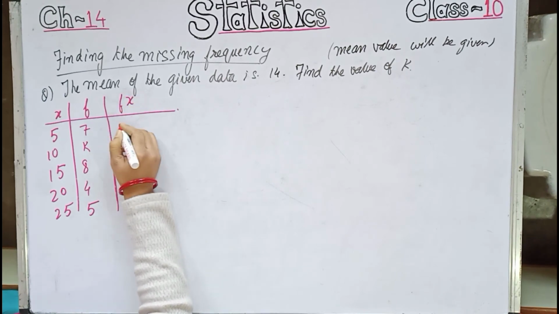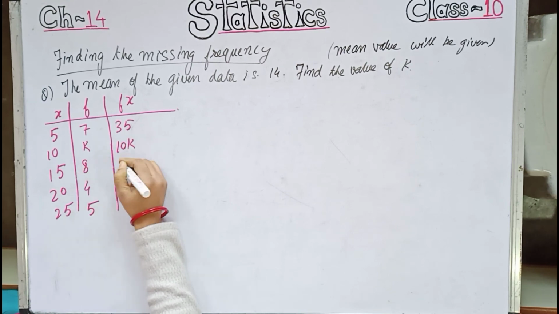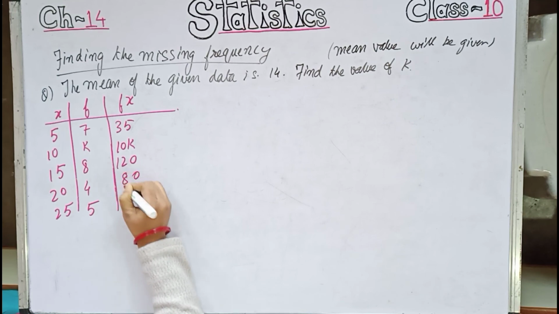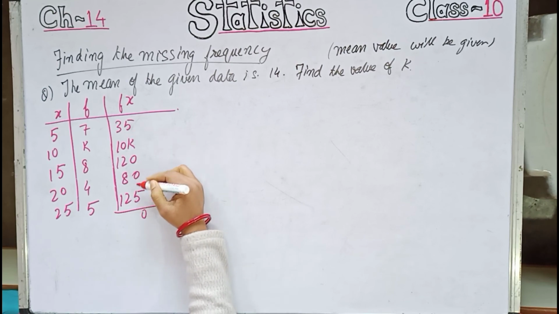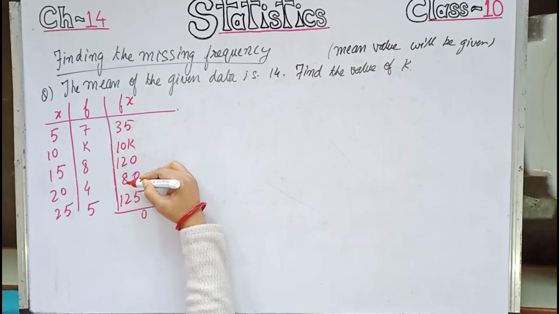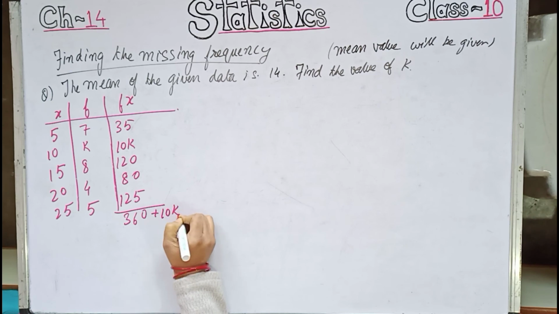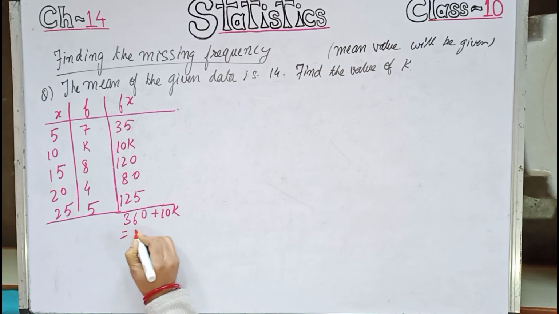So when we find the mean by the direct method, we first find the column of fx. Summation fx is coming as 360 plus 10k.